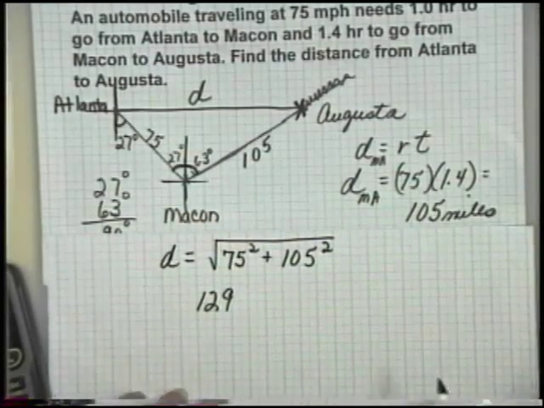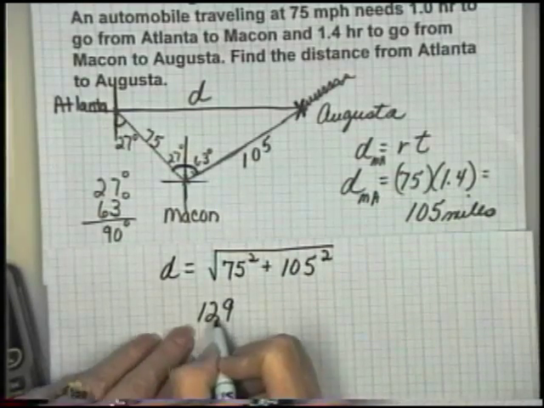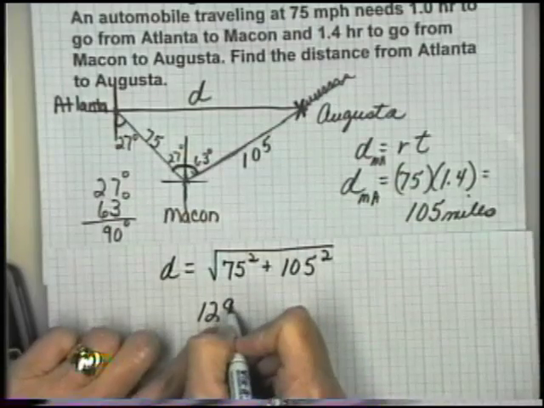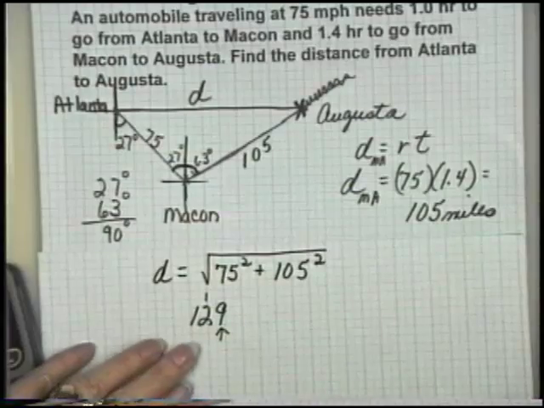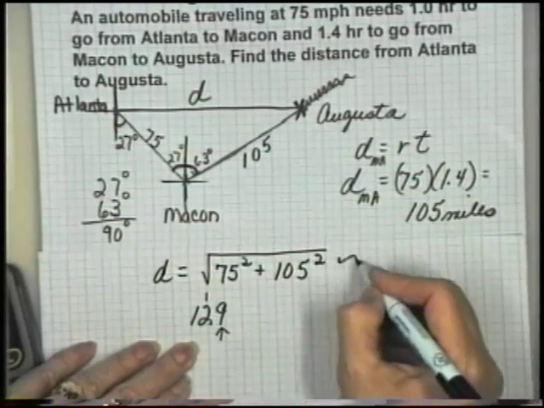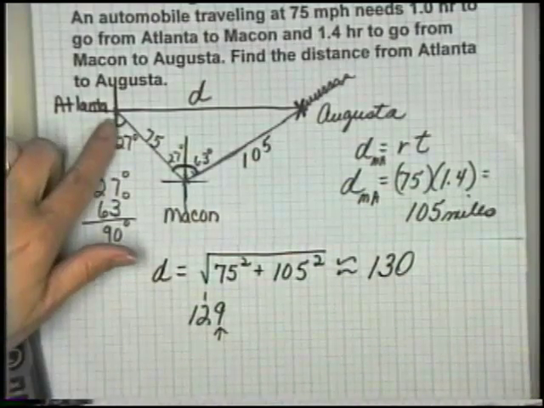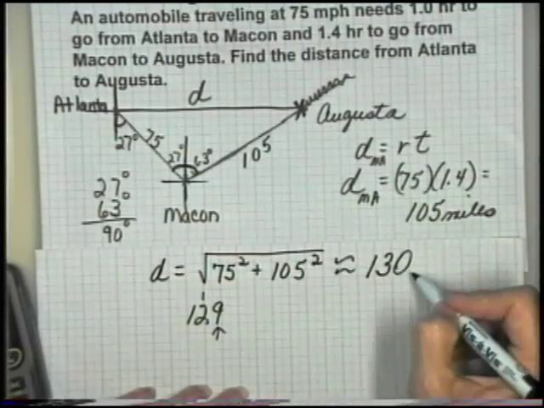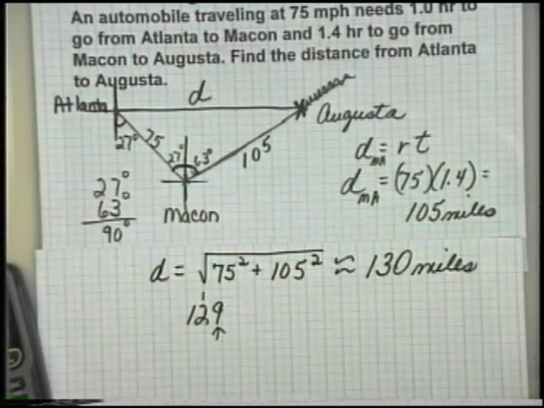So I've got 129.034879, but 2 significant digits means hundreds and tens in this case. So look at your 9, and because it's a 9, we're going to add 1 to our 2. So rounded, we find that the distance from Atlanta to Augusta is approximately 130, and in this case it would be miles, wouldn't it?